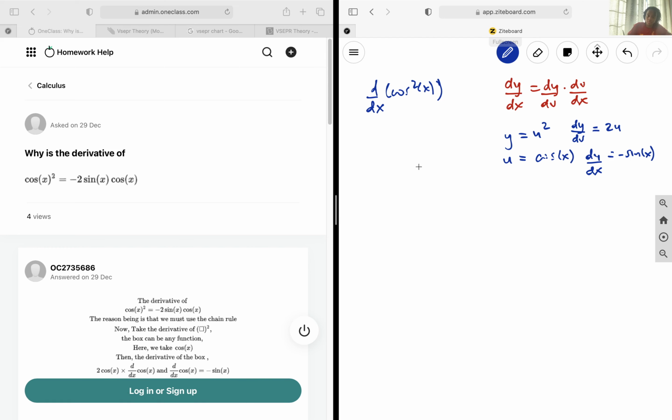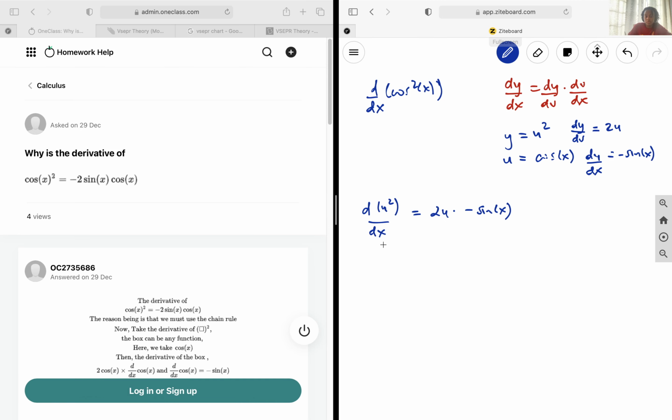And so we just put that all back in to our equation here, and so d u squared over dx is going to be dy over du, so 2u multiplied by du over dx, so negative sine x.